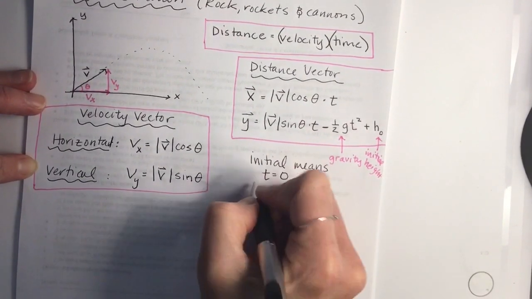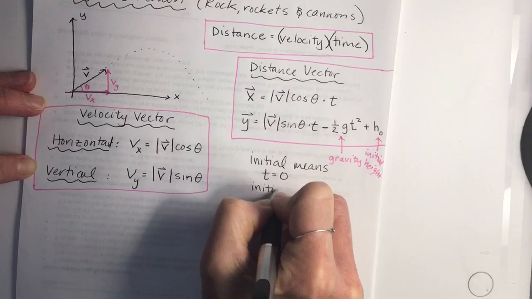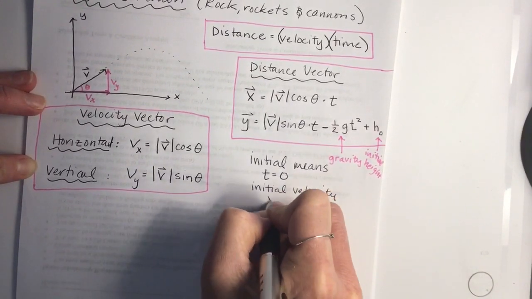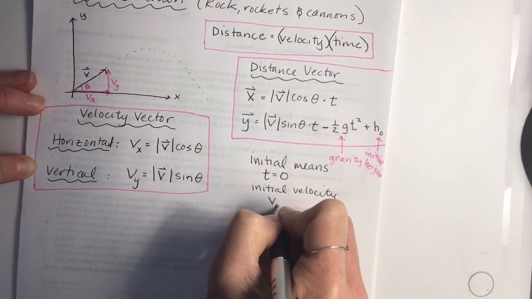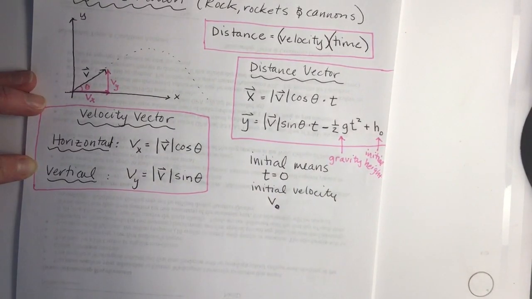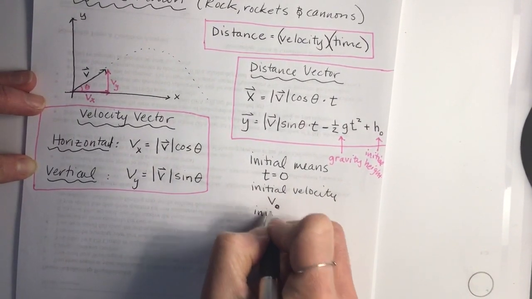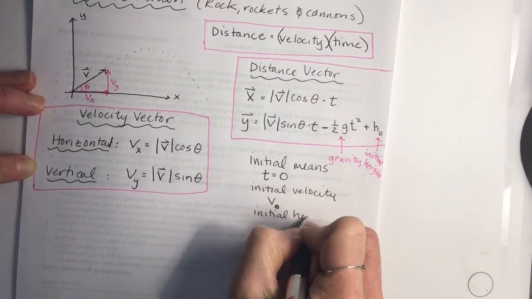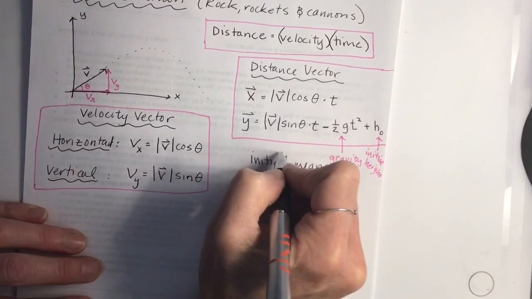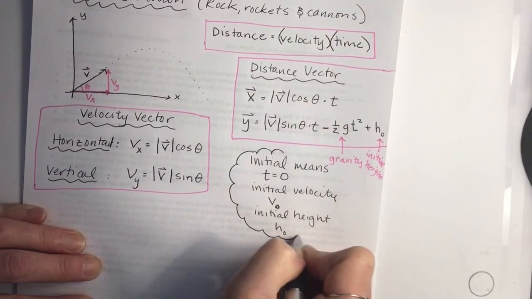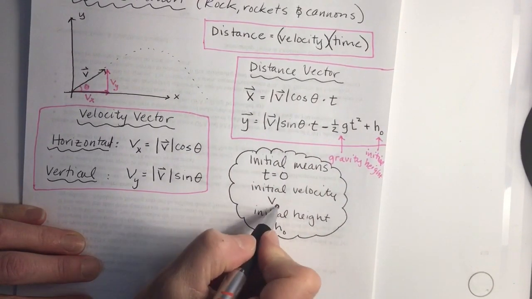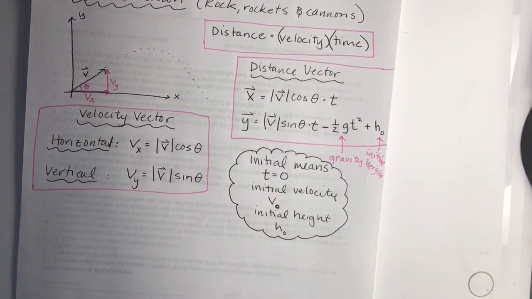A lot of times they'll show initial velocity as v sub 0, to show that's at the starting point, what velocity are we starting with? And then initial height as well, which I just used, is h sub 0. So that's a good thing to keep in mind, bubble that. Anything sub 0 typically means initially.